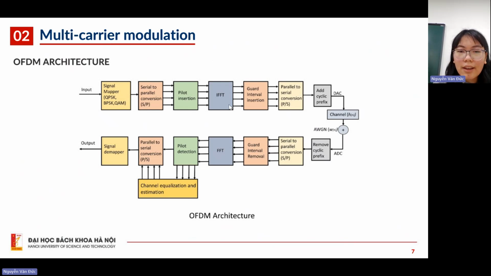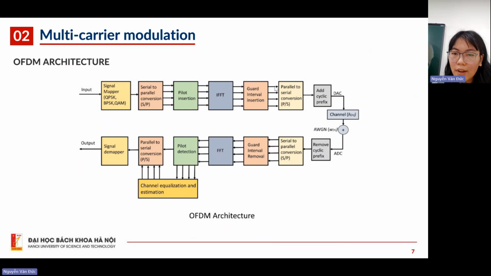The IFFT will convert the input from frequency domain to time domain, and we have here the guard interval insertion to remove the ICI.